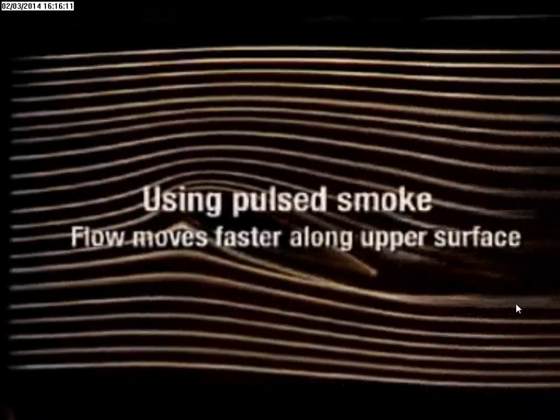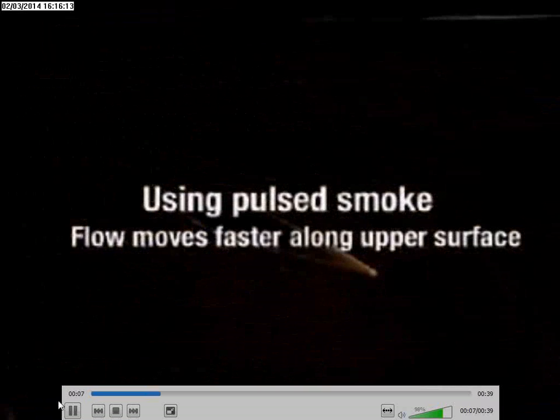So this is an actual wind tunnel test recording. And they used smoke to make these air streams visible. Otherwise, you can't really see the airflow. Air is not really visible. But when you inject these smoke particles into air, you can see the flow, which is what they did here in this video.